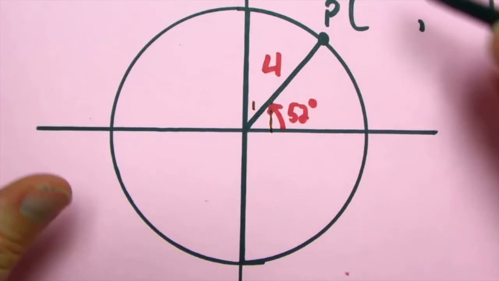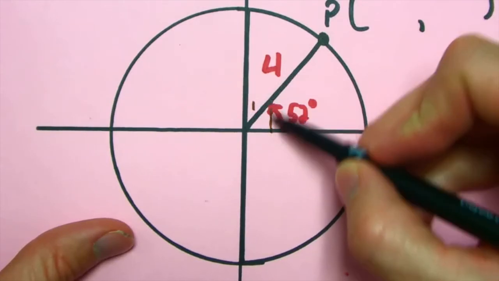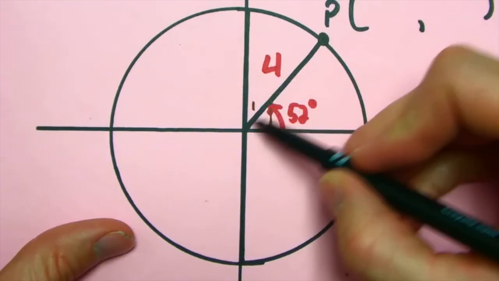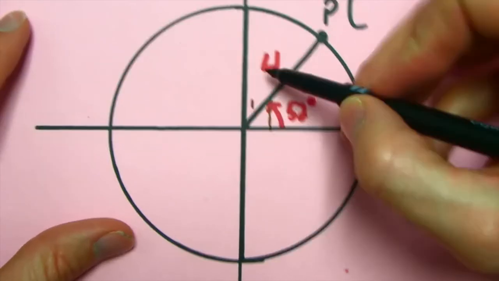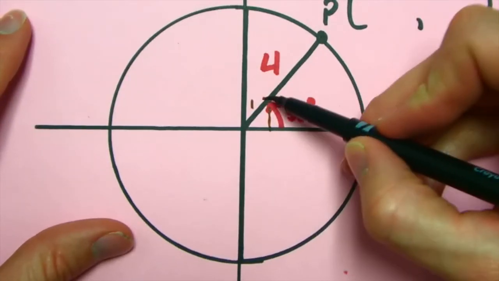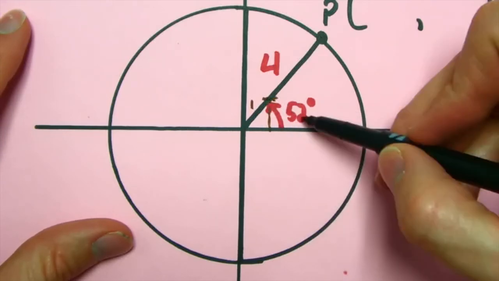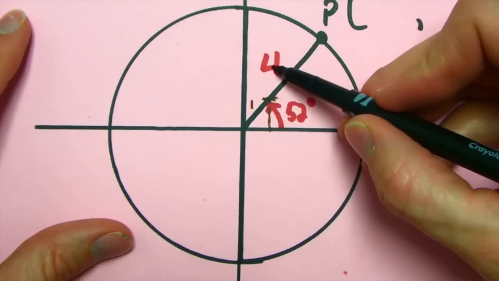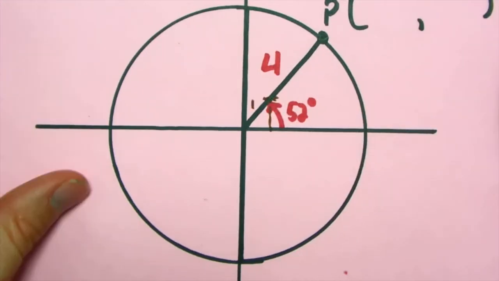The great thing about this is that because our sine and cosine values of our angles are based on a unit circle that has a radius of 1, then if I just take this height, whatever that would be when I find sine of my angle, and I multiply it by 4, now it's going to be the height that it would be 4 times bigger.